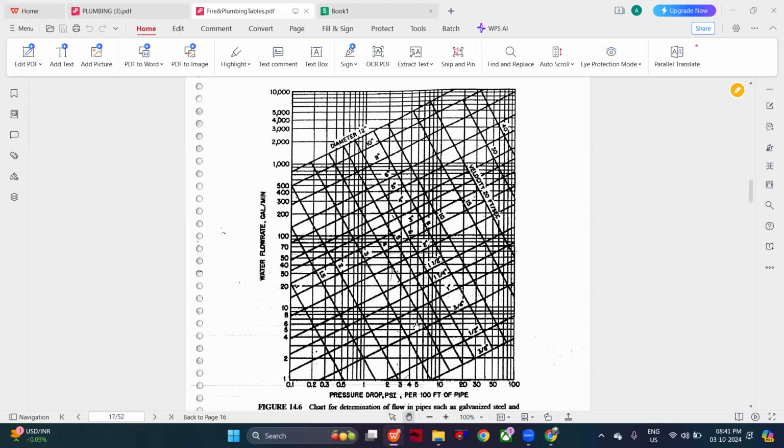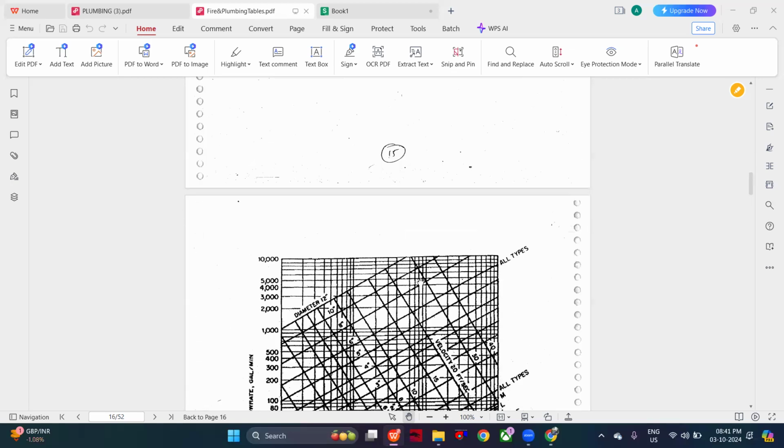So that means this is the pipe size, 3 by 4. So 3 by 8, 1 by 2, 3 by 4, 1, 1 and 1 by 4, 1 and 1 by 2, 2. This is the diameter of the pipe. And these are the joints, 7. That means 1, 2, 3, 4, 5, 6, 7. 7 to 5, 5 made as a constant.